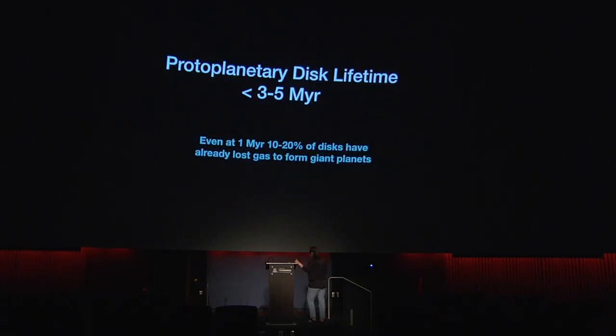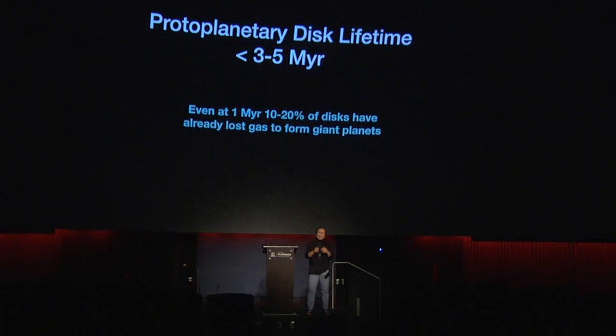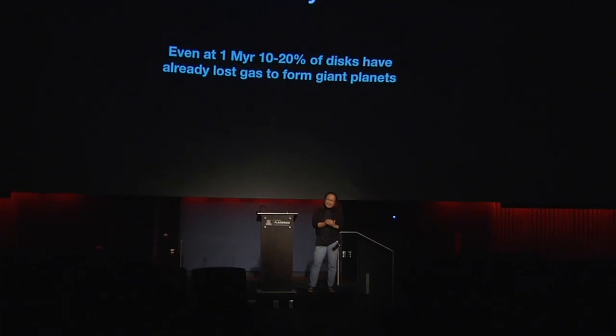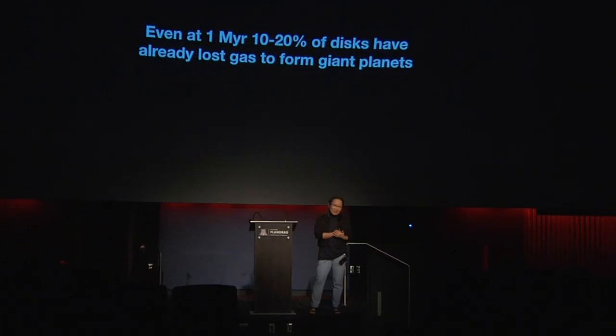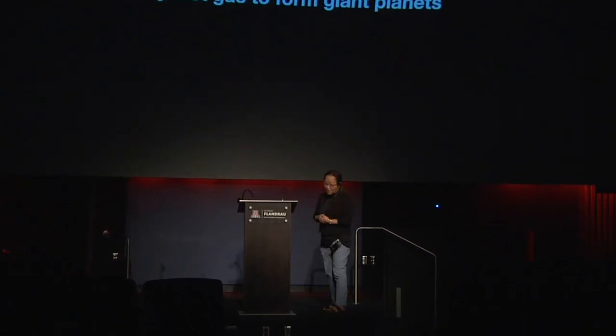Okay, now the lifetime matters too. This is another thing, a whole lecture's worth. The gas disks last less than 3 million years. Some of them do show in 5 million years, but mostly 1 to 3 million years. For Orion, we studied that region, and even in 1 million years, 20% of the disks have already lost their disks.